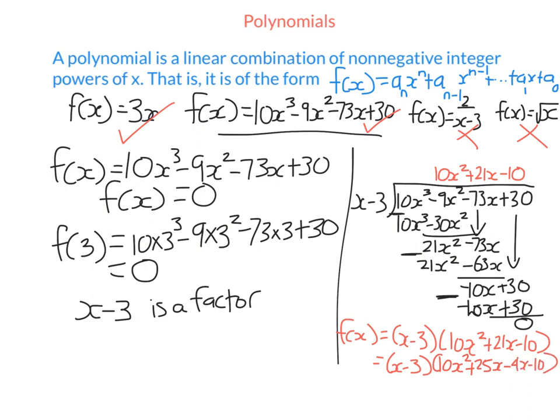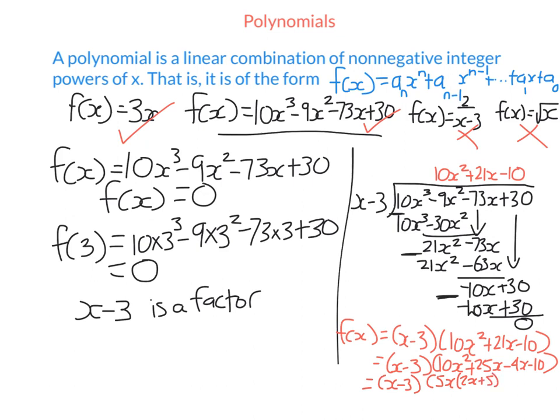Then what we do is we factorize the first two and factorize the last two separately. So factorizing the first two, the highest common factor of 10x squared and 25x is 5x. So we get 5x outside of 2x plus 5.